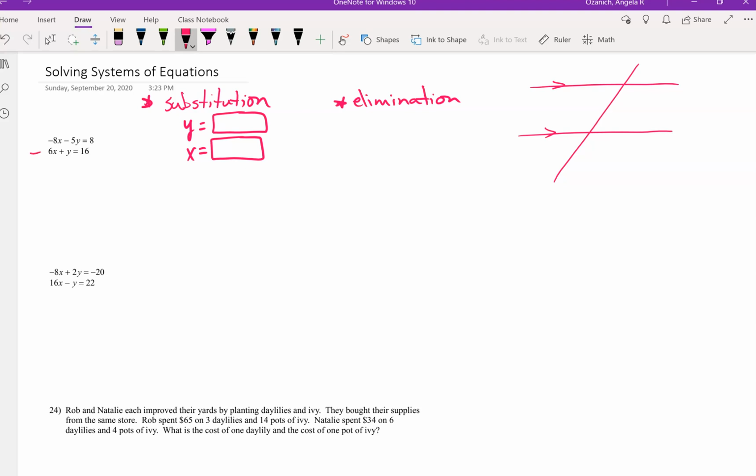So I'm going to take this bottom equation right here, and I'm going to solve it for y. 6x plus y is equal to 16. And if I subtract my 6x from both sides, I end up with y is equal to a negative 6x plus 16. Okay, so that becomes my substitution, right? That becomes what y is equal to, that whole expression right there.